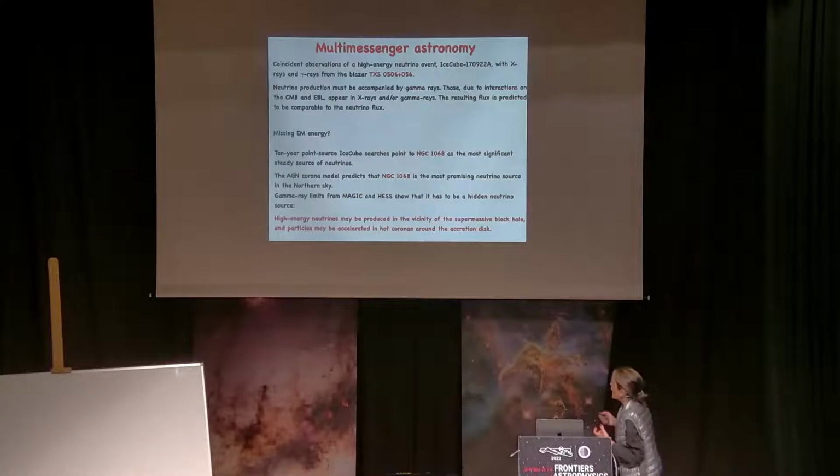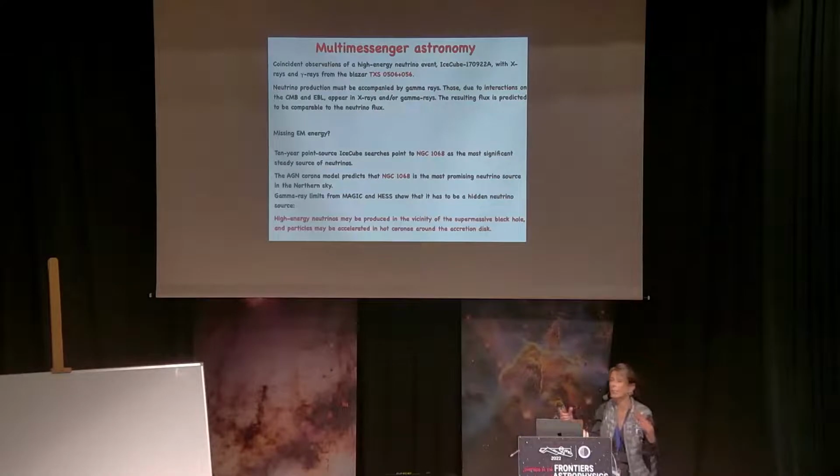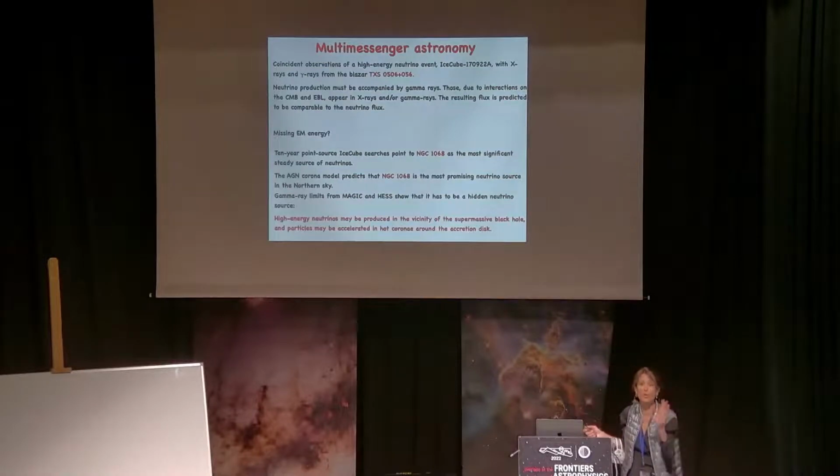The 10-year point source IceCube searches point to this object as the most significant steady source of neutrinos. There is a model based on active galactic nuclei that predicts that it should be the dominant source of neutrinos in the northern sky.